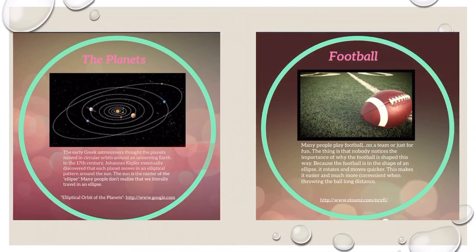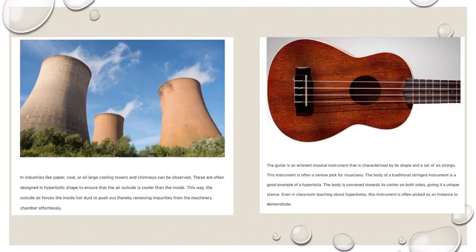The American football is shaped also in this way as an ellipse because it rotates quicker and moves quicker. Here, for example, in industries, the large cooling towers are hyperbolic shape. The guitar also is in a hyperbolic shape, which gives it this unique sound.